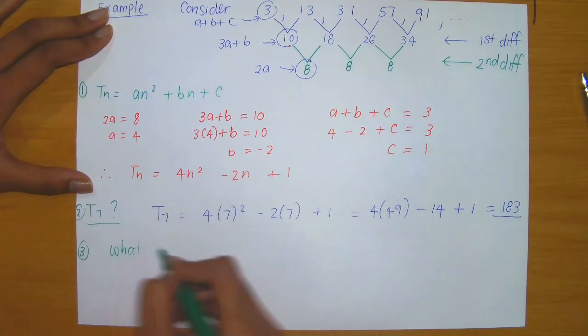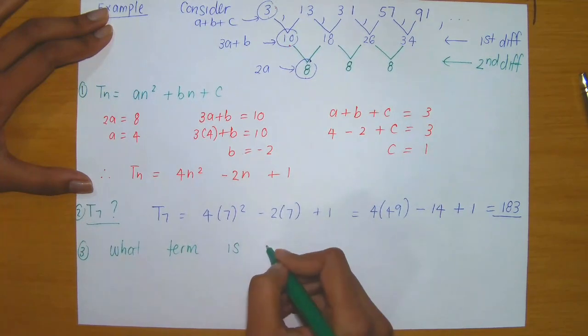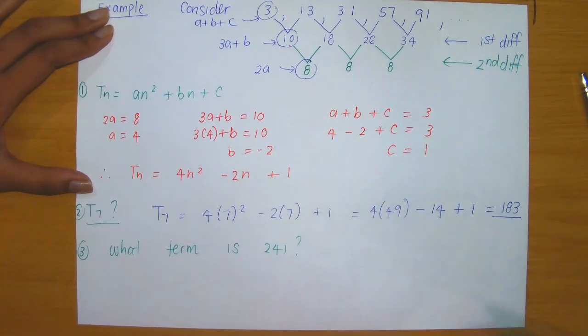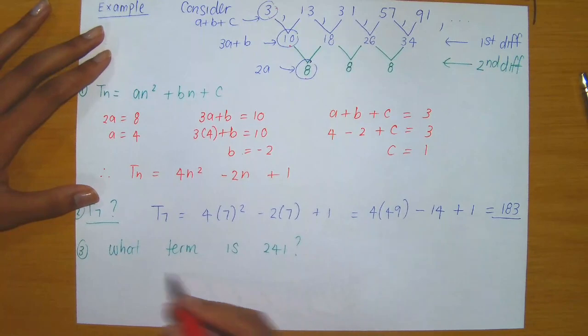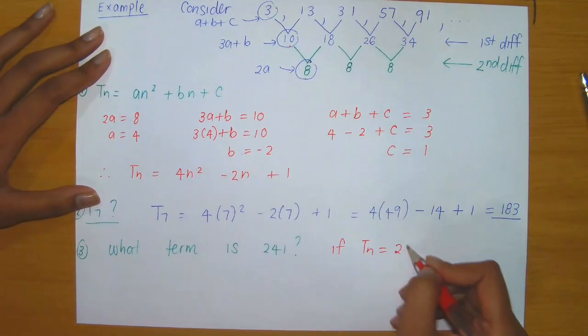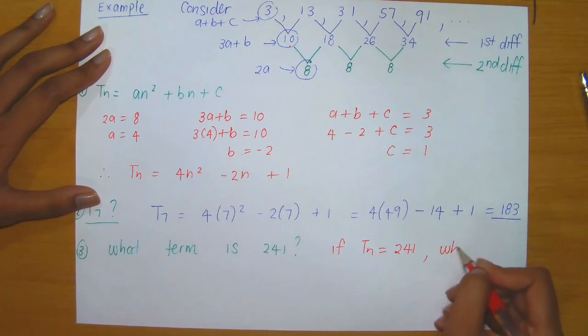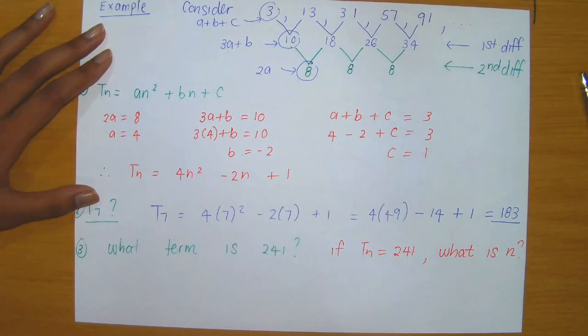What term is 241? So essentially what we're being asked here is, if Tn equals 241, what is n? So let's solve for that.